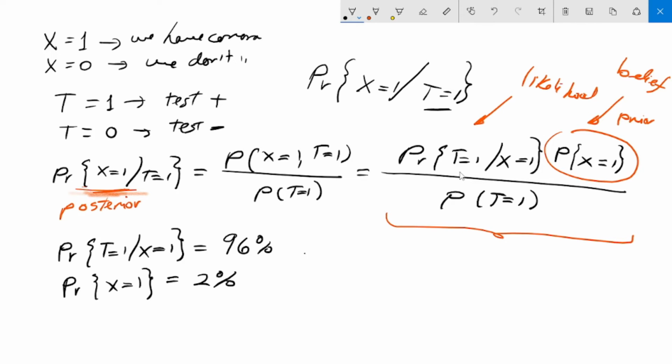And finally, we have the probability of t equal 1, the probability that you go to take the test and the test is positive. This requires a little more work, because we don't have this information directly, so we are going to decompose this probability in the following slide.